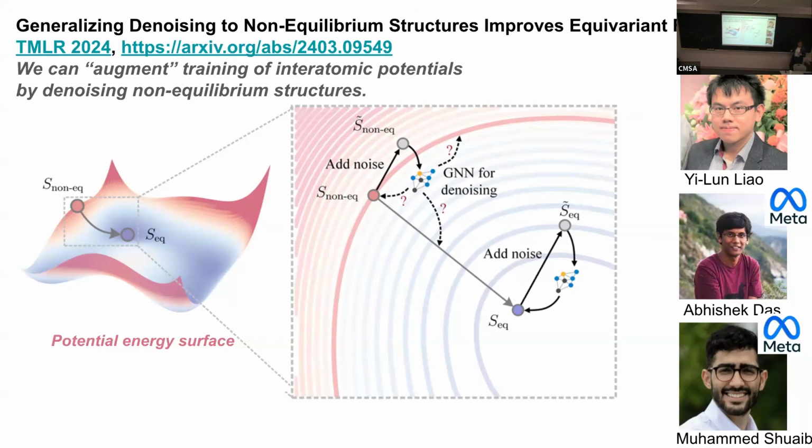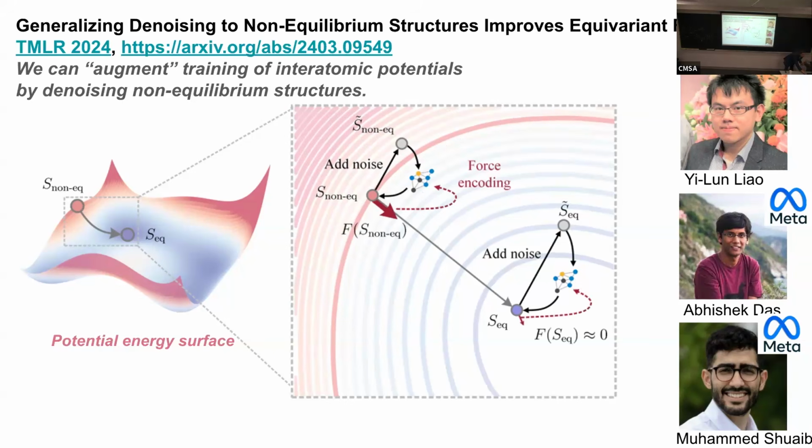And this is data you already have from your training data. That way, we're not only saying denoise it, we're saying denoise to a structure that has these forces. So if this was the equilibrium version, where I noise the structure and then denoise, this is saying I noise, I give you some force labels, and then I denoise. So we give the force encoding, and then we're able to go back.